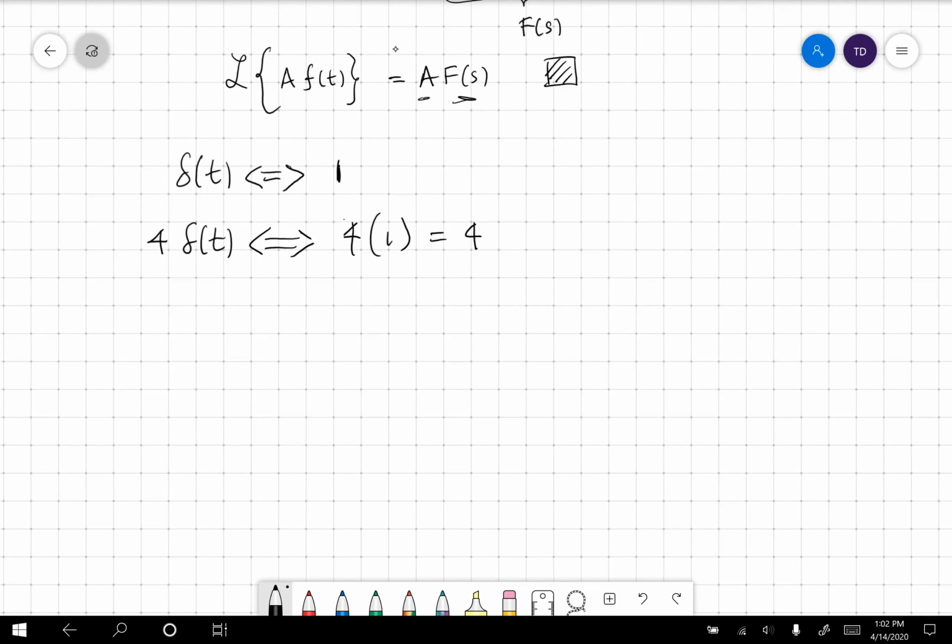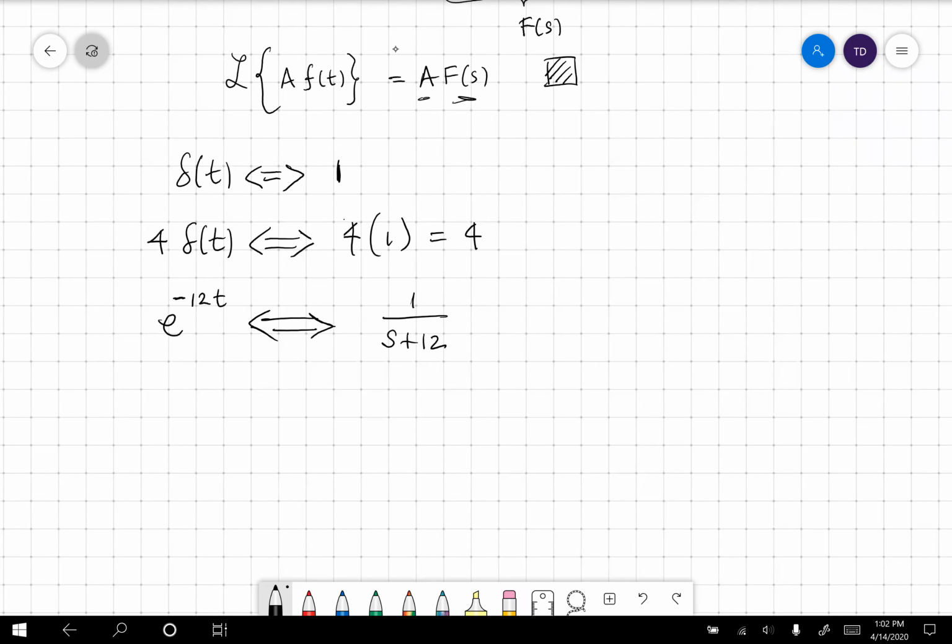Garrison, I want the Laplace transform of e to the minus 12t. Not sure. Okay, that Laplace transform is 1 over s plus 12.